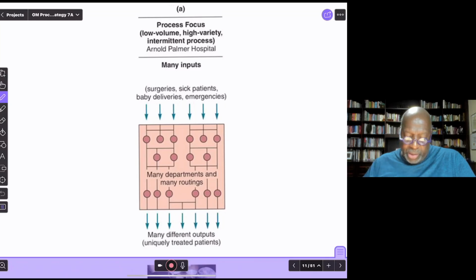So process focus, different people, you have different demands, and then of course the route that a product takes may come in here, it may go to here, it may very well go across here, come through here, and then come out. Okay, that could be the path of one situation right here.